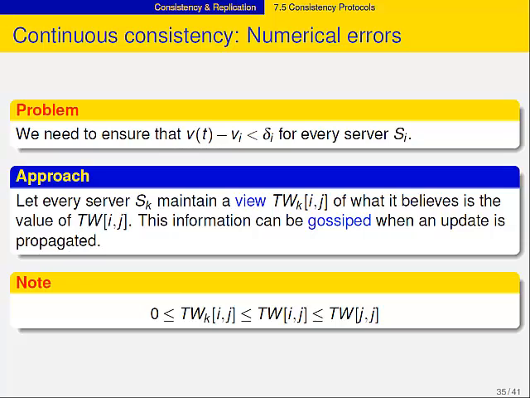Okay. But coming back to your reasoning, what I could have done is say, no, I need to ensure that every server should stick to a global delta over n deviation. Now that's a different specification, because what I'm saying is that servers collectively are not allowed to deviate more than delta units.